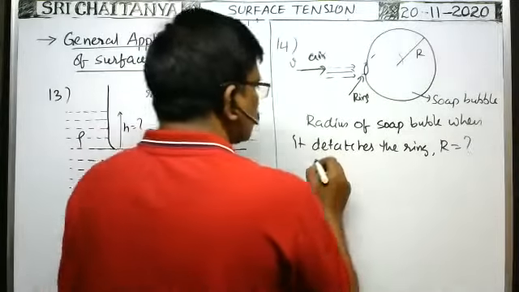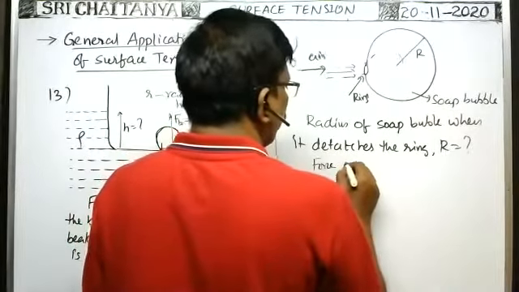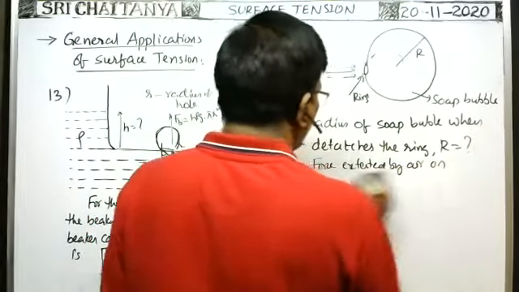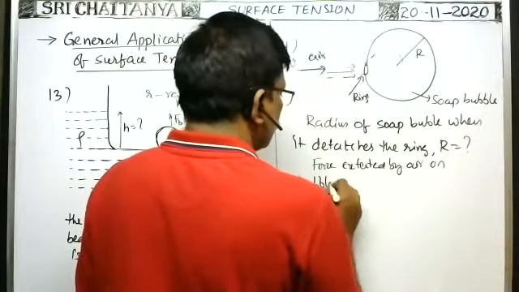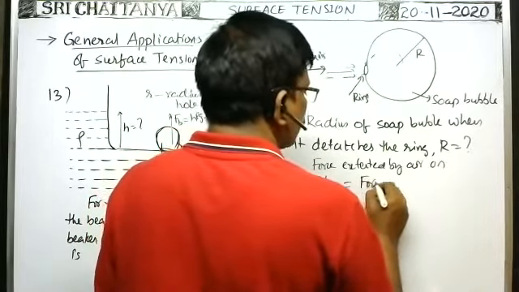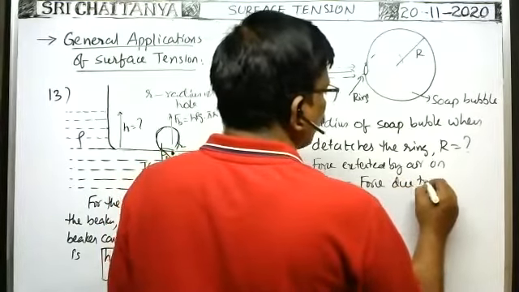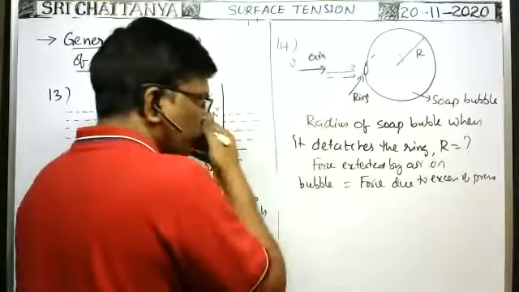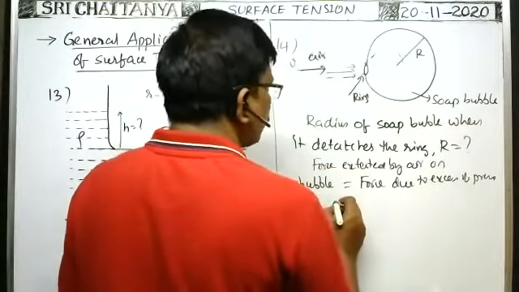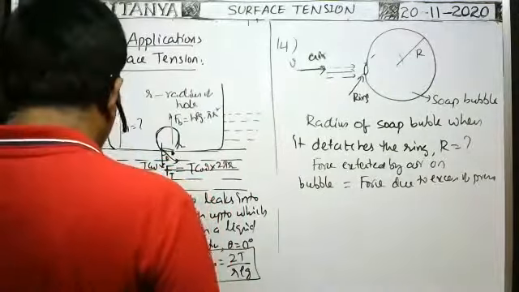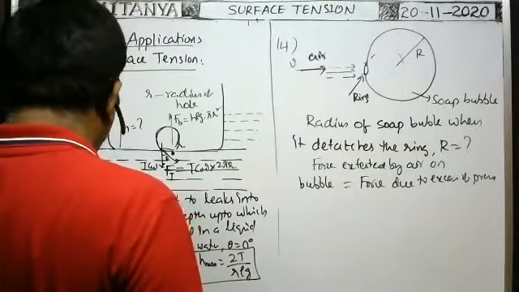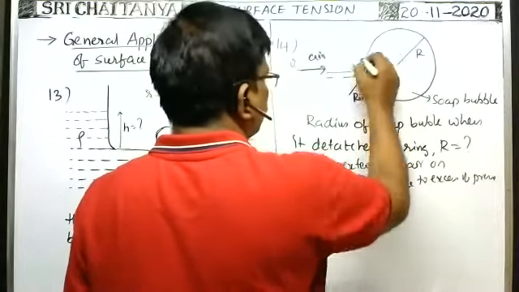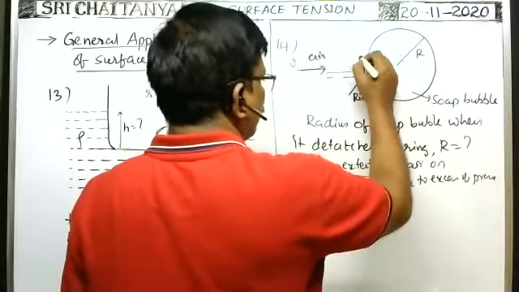So force exerted by air on the bubble is equal to force due to excess of pressure. Force exerted by air on the bubble means rho a v square, no? Suppose the area of cross section of this ring is A, the area of cross section of the ring.